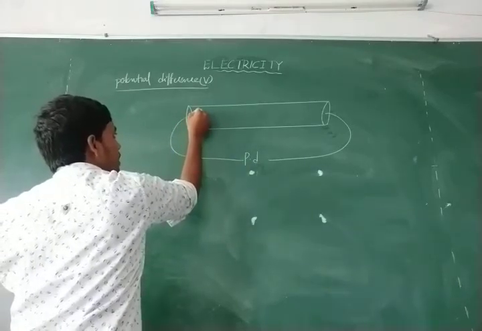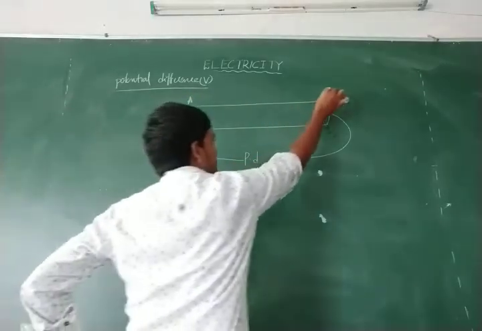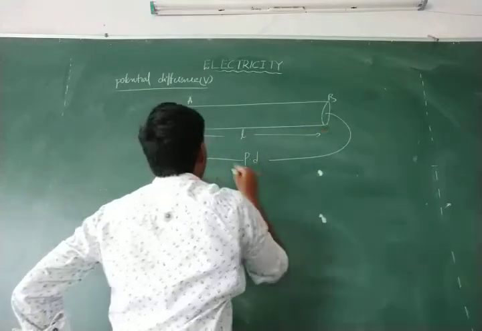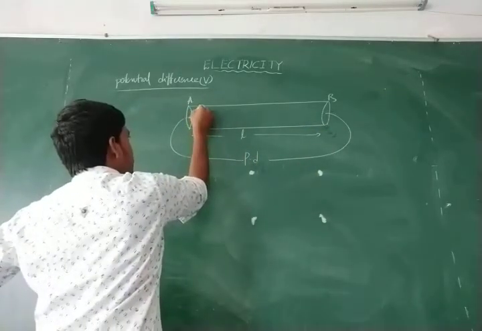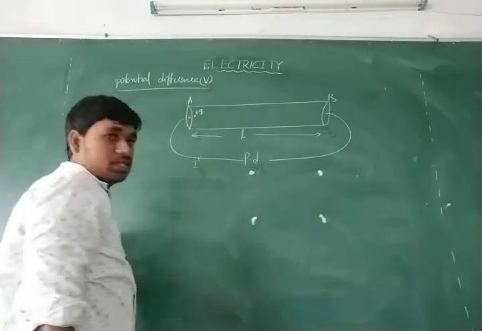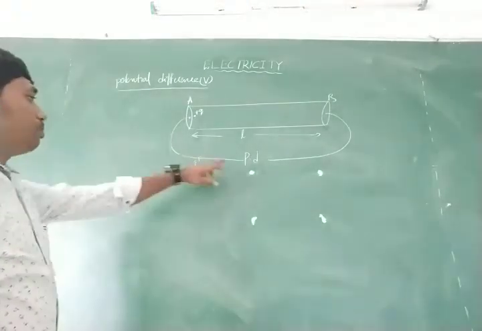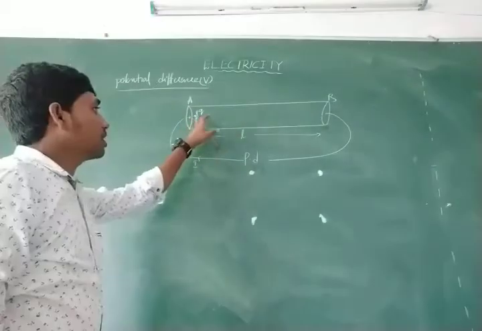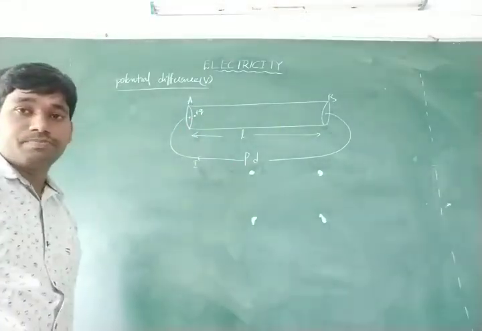Let us say this is a point A and this is a point B, and L is the length of the conductor. Here let us say a positive charge is present. When the potential difference is connected, according to Lorentz and Drude theory, these charges will move in the conductor.